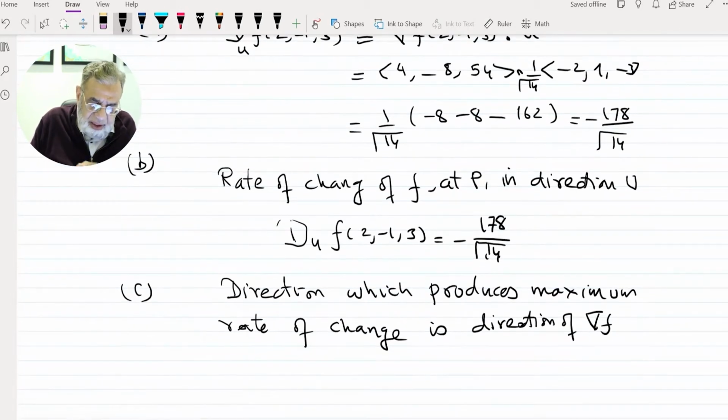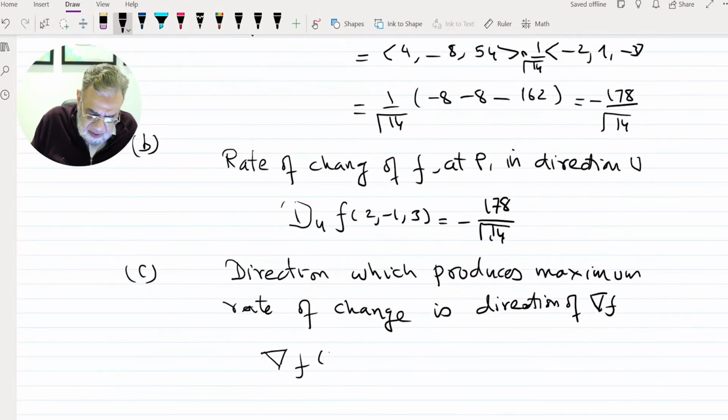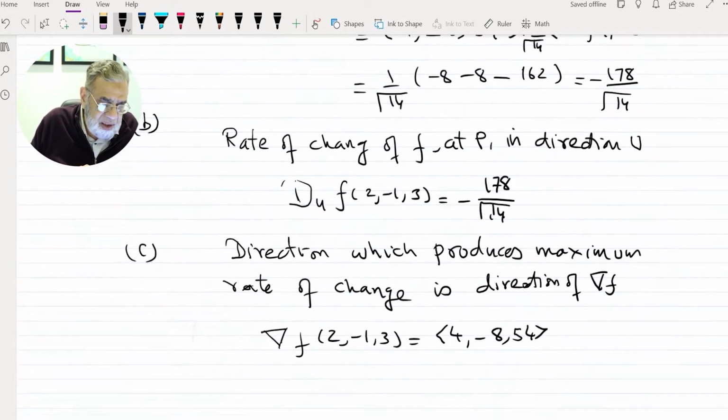So my direction is the gradient of the function at the point 2, minus 1, 3, which is equal to 4, minus 8, and 54. This is the direction that produces the maximum rate of change.